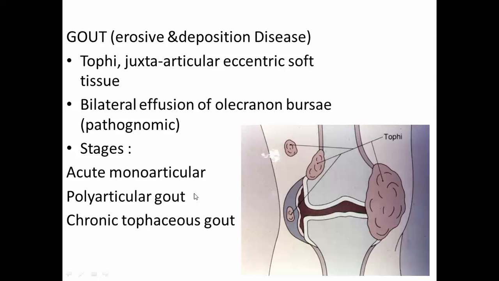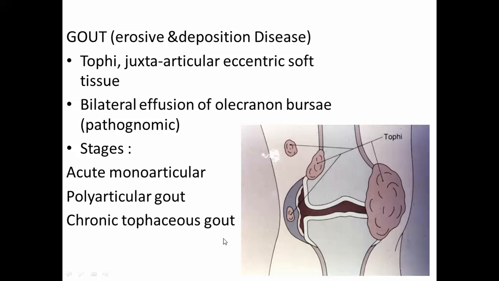Could be polyarticular, affecting more than one joint. And lastly, it ends as chronic tophaceous gout, affecting more than one joint with multiple swellings with bone erosions.